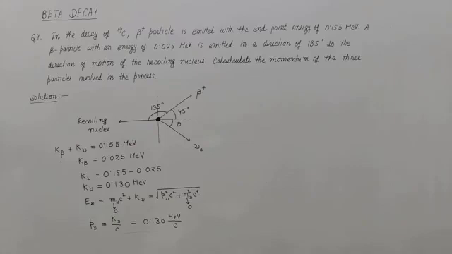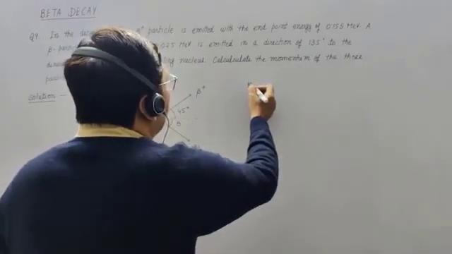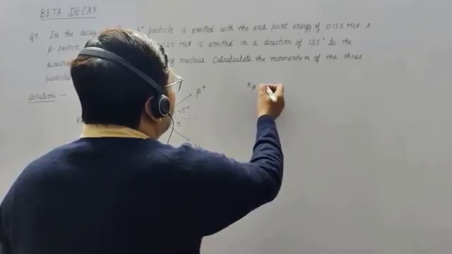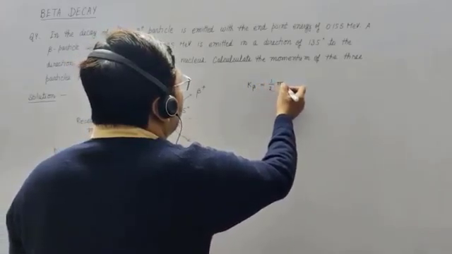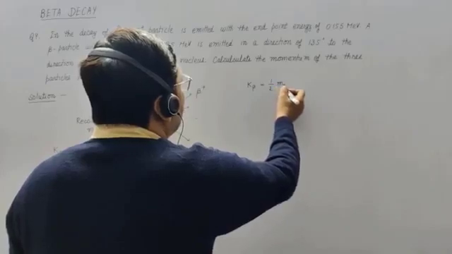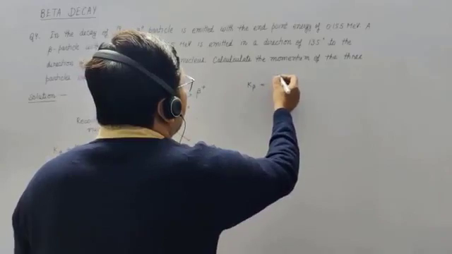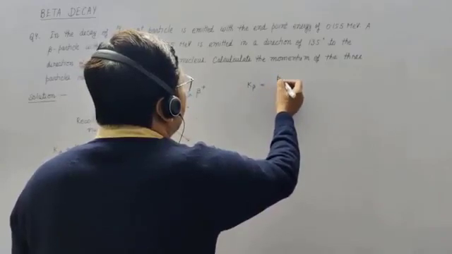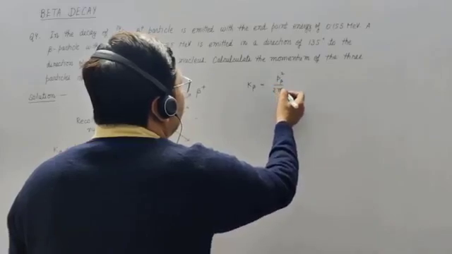What will be the momentum of the beta particle? The kinetic energy of this beta particle is K beta equals P beta squared upon 2 times Me.